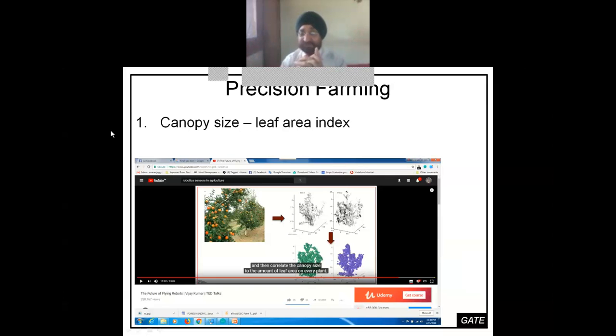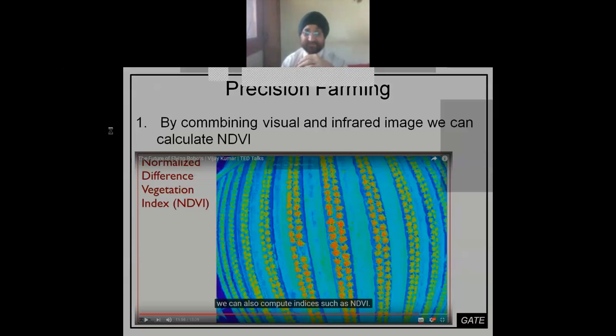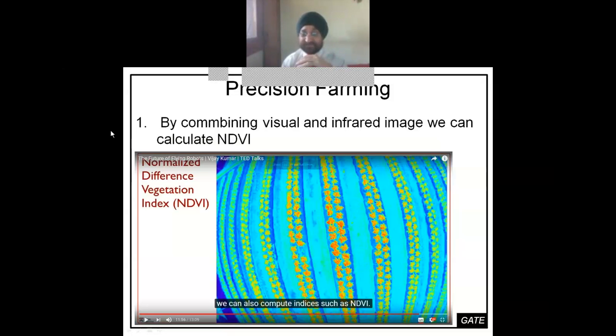We can calculate the leaf index by taking the infrared camera, or by combining the visual image with near infrared and infrared. By combining these, we can get the NDVI, the normalized difference vegetation index, which gives the health of the crop, how healthy the crop is.